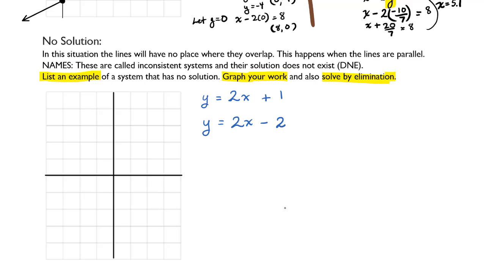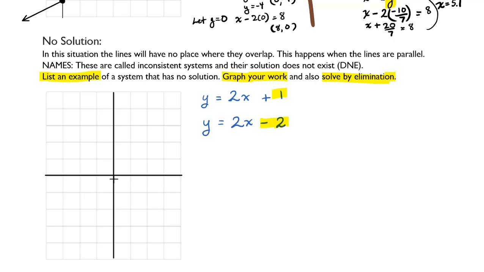These are two equations of lines that have different y-intercepts. One's at 1, one's at -2, but their slopes are the same. So we're going to graph these now.